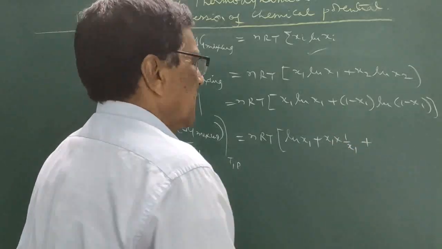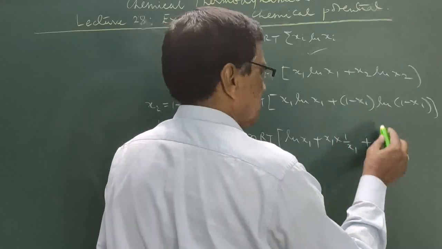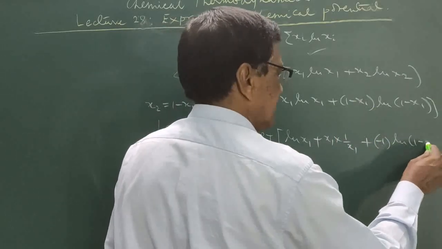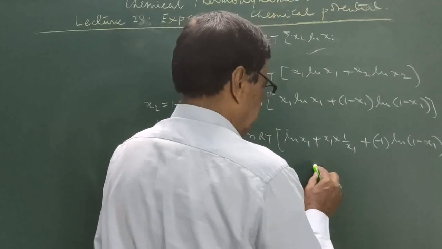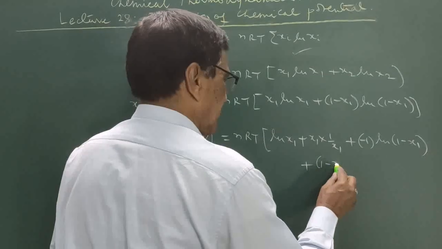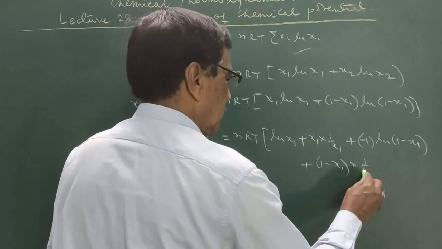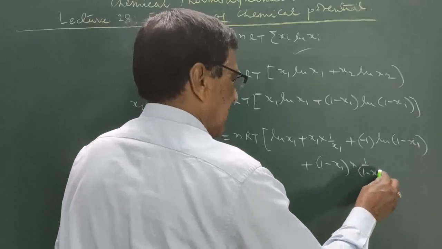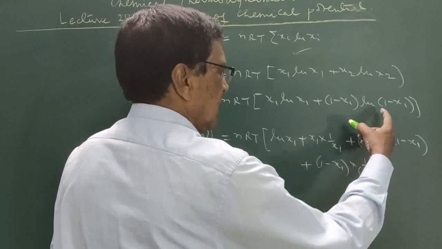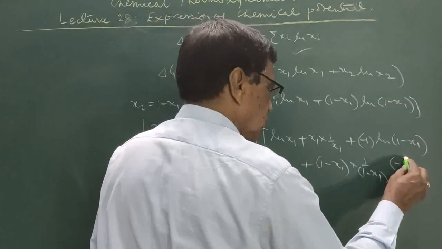and plus in this case, this one is differentiated with respect to x1, it will be minus 1 into ln 1 minus x1, and plus 1 by x1 remains intact. This one will give you 1 by 1 minus x1, and 1 by x1 with respect to x1 will be equal to minus 1.